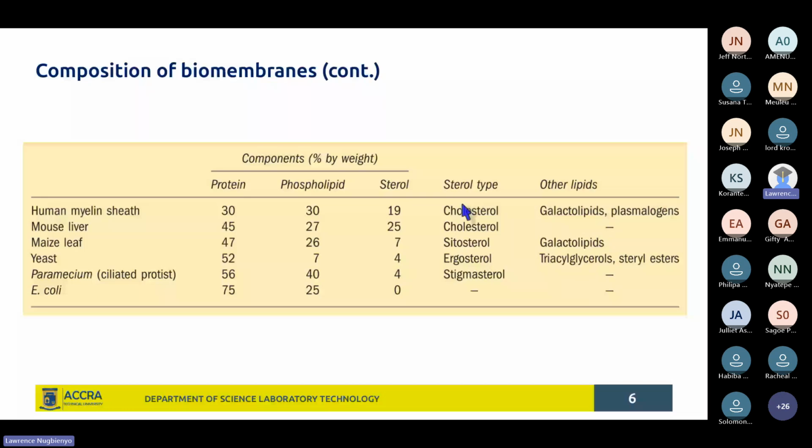And then in the next lecture, we'll move on and take a look at the proteins, like these membrane proteins, the different types that you can have. We can focus on that in the next lecture, looking at their structures, the functions.